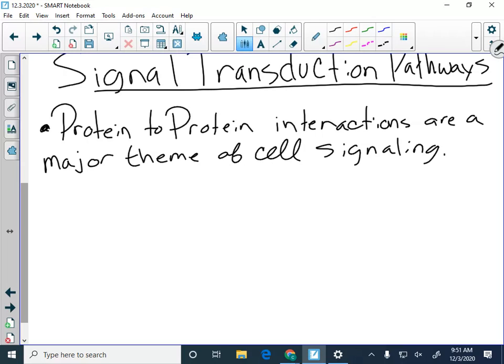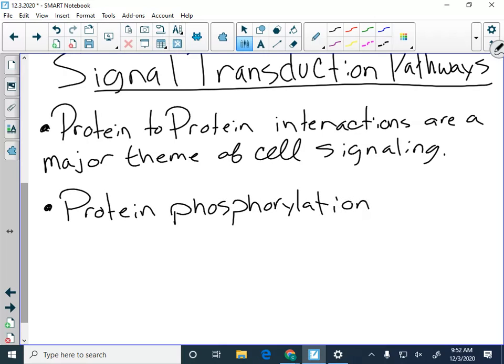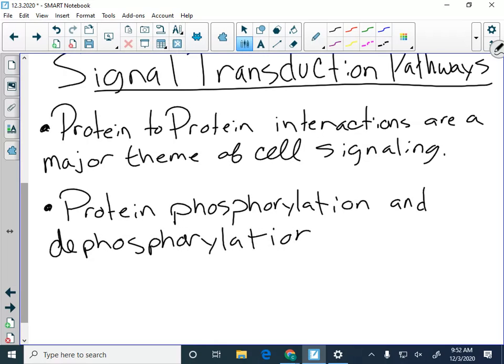And a main way that those proteins interact is through protein phosphorylation and dephosphorylation. Now, phosphorylation and dephosphorylation is a fancy way of saying we're adding and removing phosphate groups from these proteins.